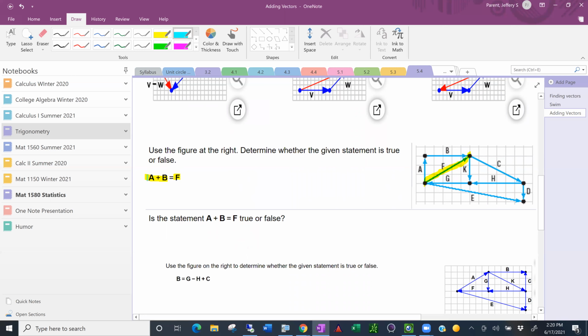Let's try it with A plus B. If I start out at the same point, vector A would take me up to here. And then vector B would take me over to here. So what do you think? True or false? Is A plus B equal to F? True. I think it's true. Yeah, absolutely true.